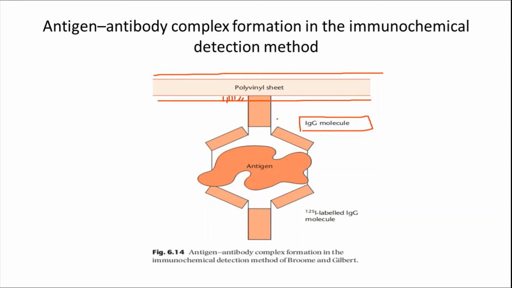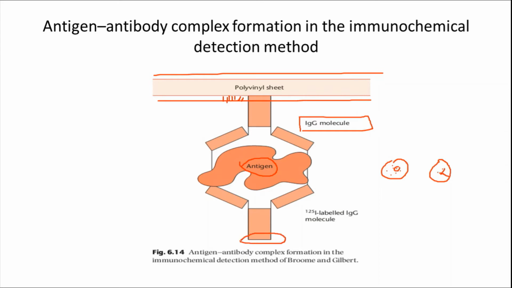This is the expressed protein. The expressed protein may be present in the cell if the cell is recombinant, or if the cloned gene is expressed, the given protein is present in the cell. If it is non-recombinant, the protein is not present. The secondary antibody is the labeled portion.